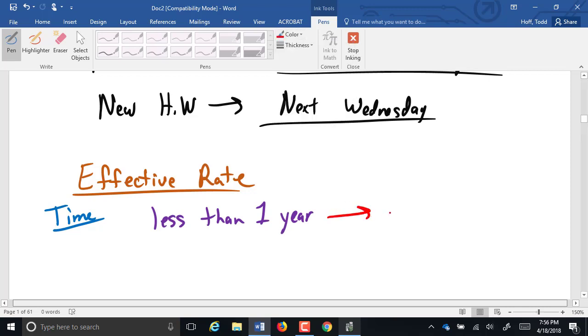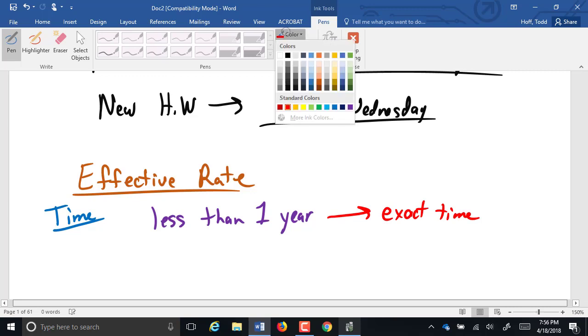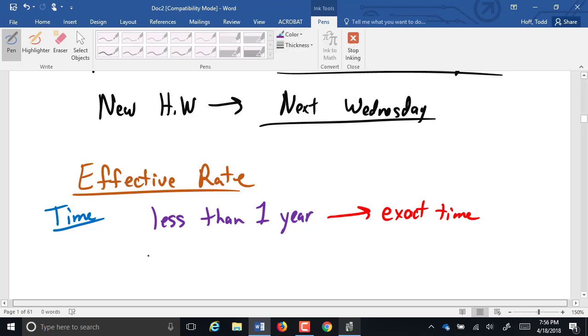If it's less than a year, we use the exact time, the given time in the problem. If it is more than 1 year, we use 1 year.